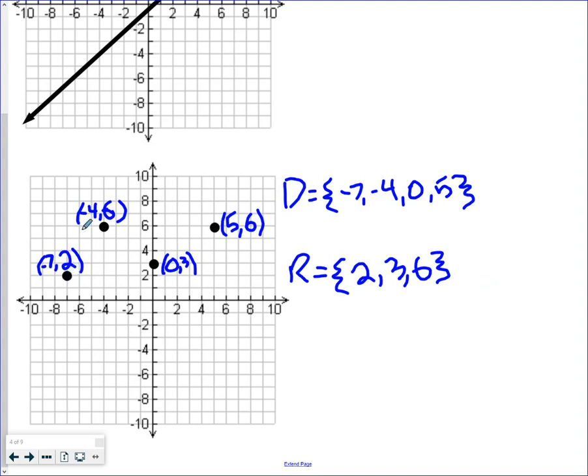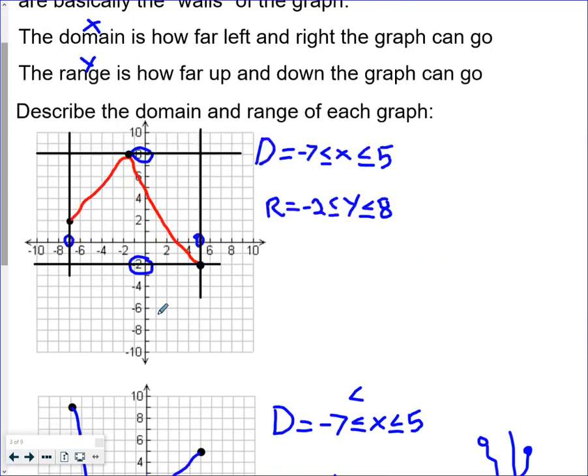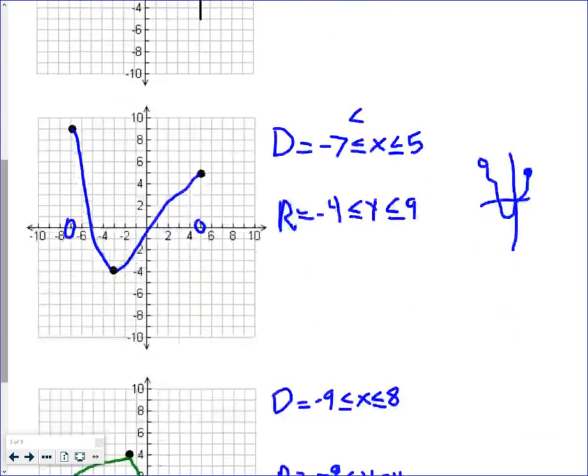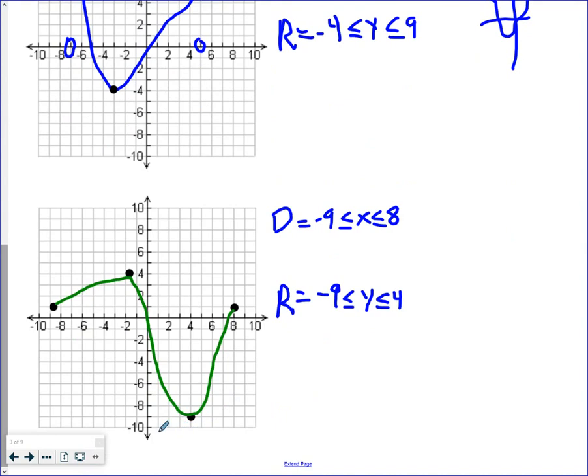But if your graph is just a set of dots, then your domain and range are going to be just single sets of points. So you're just going to write down all the possible points for the x's and all the possible points for the y's for that set of dots, whether it be 5 dots, 10 dots, or 11 dots. If they're not connected in a line like these were, then you just write down the numbers as a set.